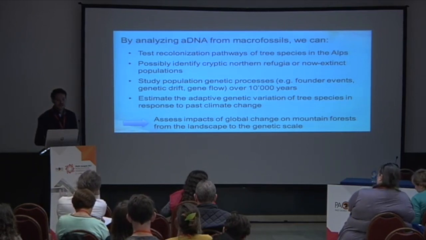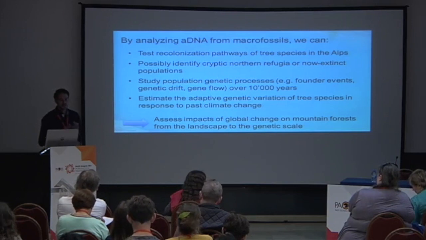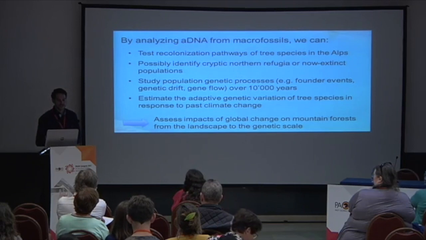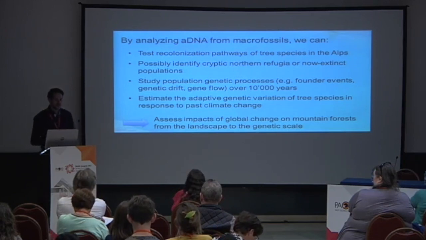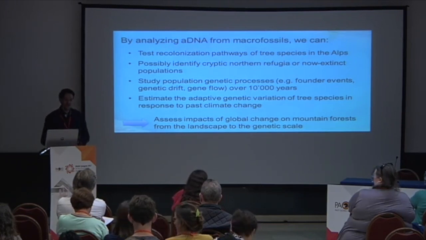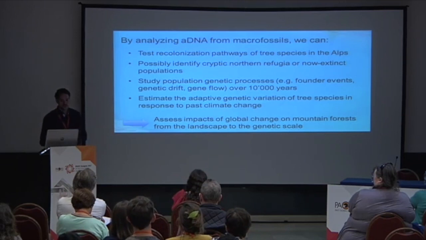And what we're really interested in is to study such population genetic processes over long time scales. So we're interested in, for example, founder events, genetic drift, or gene flow that we might be able to pick up with ADNA analysis. And another question we're interested in is to estimate the adaptive genetic variation of tree species in response to climatic changes or just environmental changes.